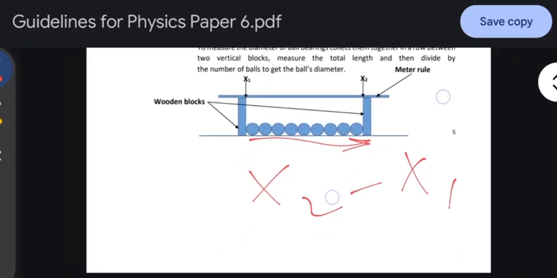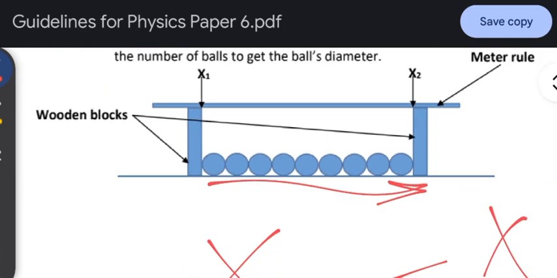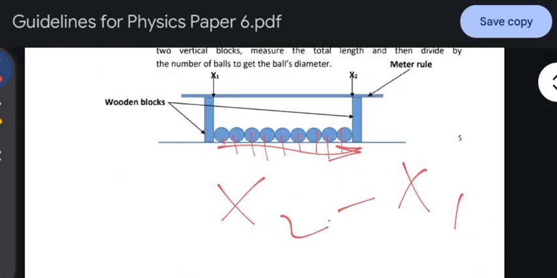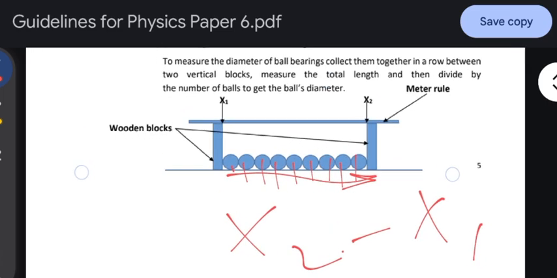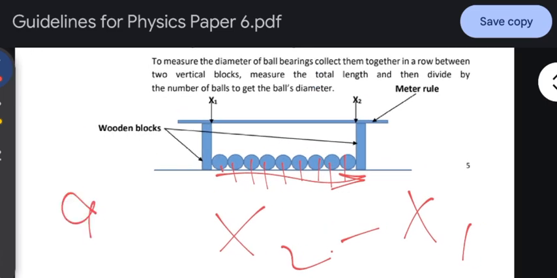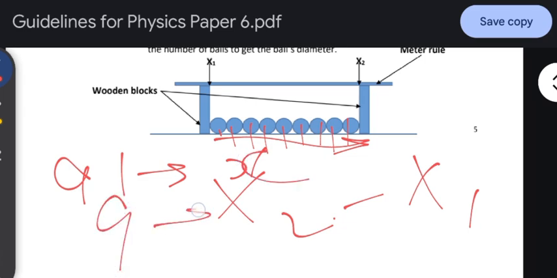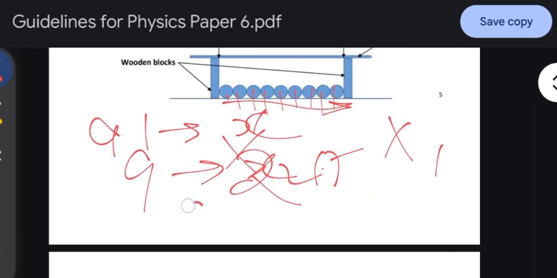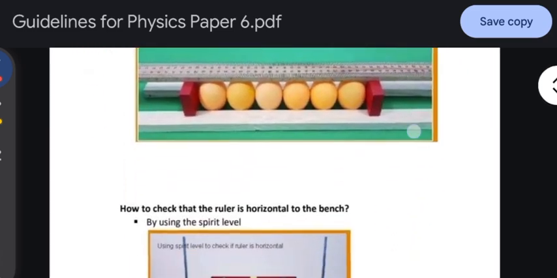So 1, 2, 3, 4, 5, 6, 7, 8, 9. Now you have found it for 9 of them. You don't know the diameter of one, but for 9 you know it. For example, take it as 20. Then 9x is equal to 20, and x is equal to 20 divided by 9. So this is how you go about it.